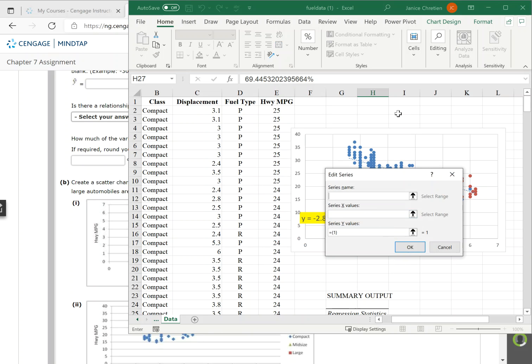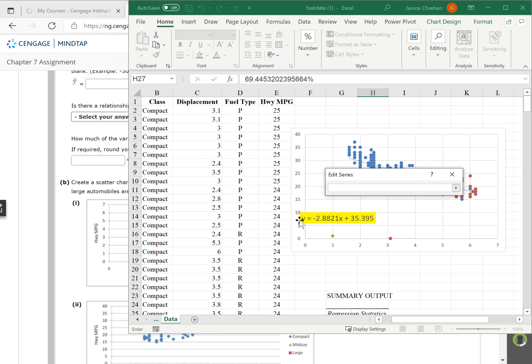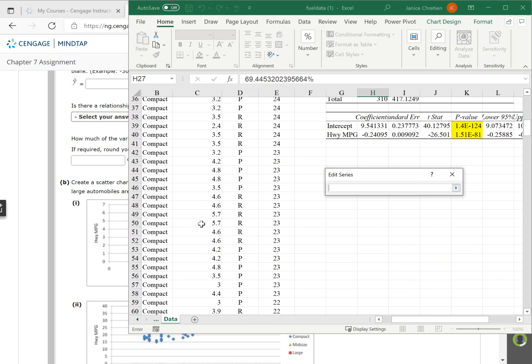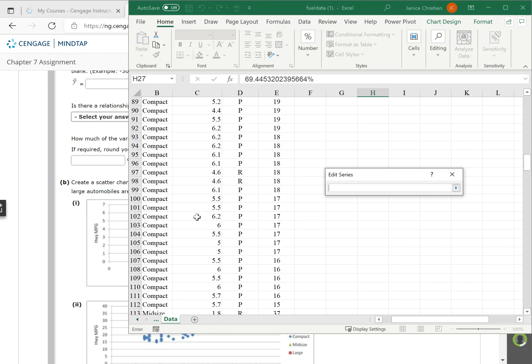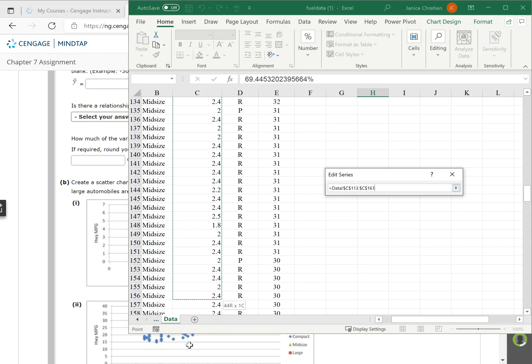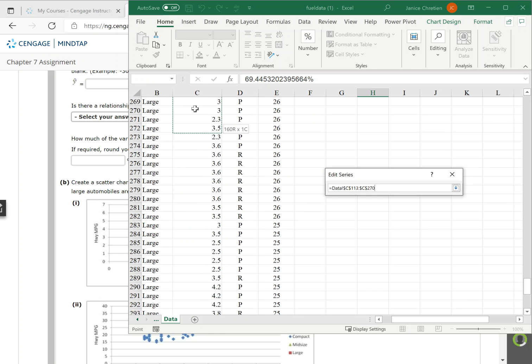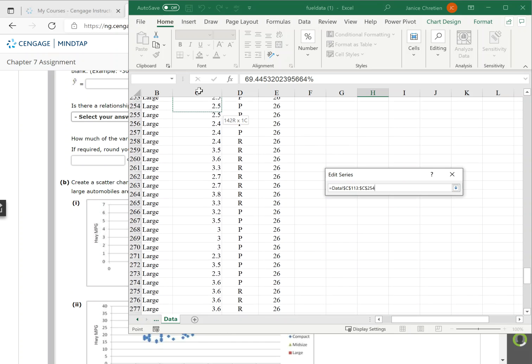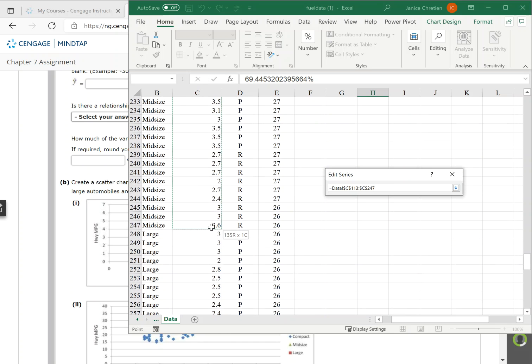Okay. Now I need to add mid-size. And I'll do the same thing where displacement is my mid-size, and then my miles per gallon. My Y is my mid-size miles per gallon.